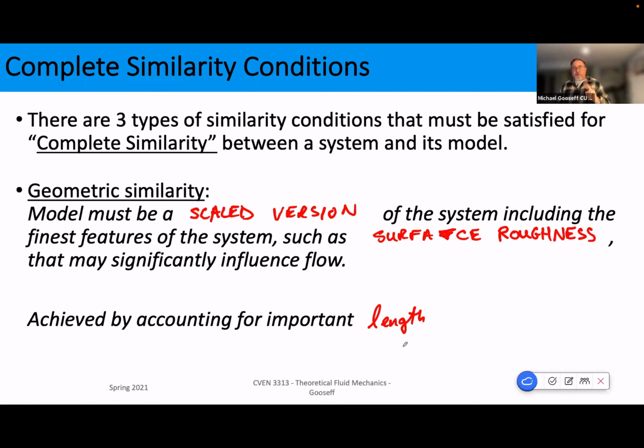Then there are two other types of similarity. One of them is something we call dynamic similarity, and the other one is kinematic similarity. So let's define those.